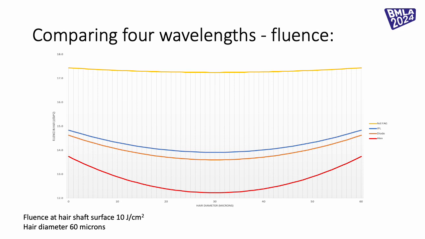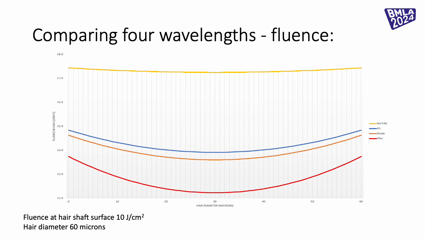If you look at 4 wavelengths here, we've got the Nd:YAG 1064 wavelength, IPL at 824 nanometers, which is an averaged wavelength, diode at 810, and then the alexandrite at 755. These curves show you how the fluence distribution operates inside a 60 micron diameter hair.